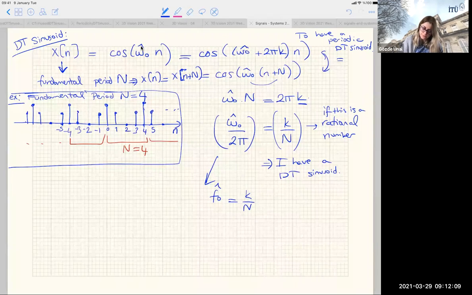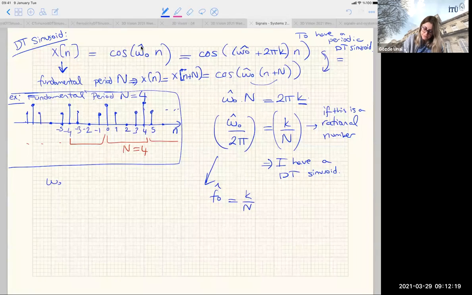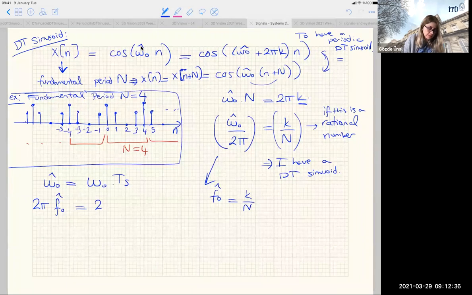I also know from the earlier definition that omega 0 hat is omega 0 times Ts. So this is 2 pi f0 hat, which is 2 pi f0 Ts. From here, f0 hat is f0 times Ts, okay?